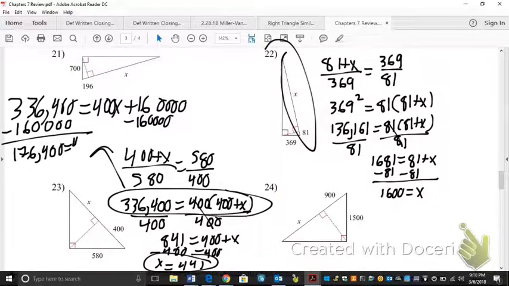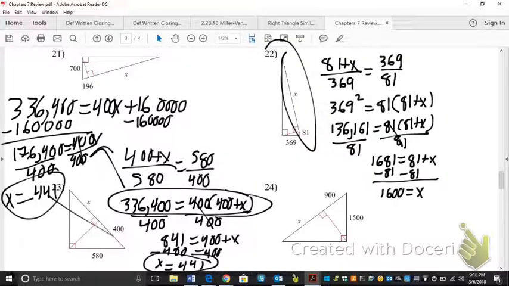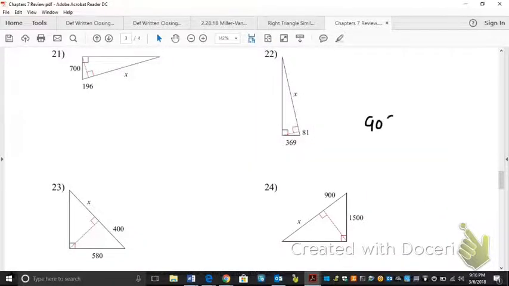Now that's equal to 400x. So now, into my calculator, I'm going to take that 176,400, divide by 400, and if I'm lucky, x equals 441. Okay, so it does work. See, it's the same thing. 441, 441. Check my work. It's good.